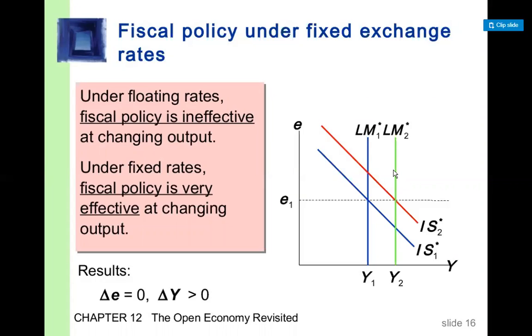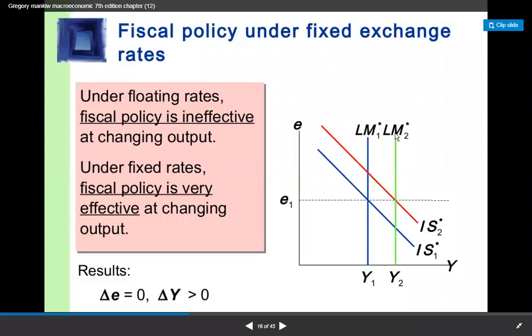As a result, as the central bank increases money supply, the LM curve will shift right. As the LM curve shifts right, as you can see here with green color LM curve 2, the new LM curve intersects the new IS curve at this point where exchange rate is fixed and income level has changed.